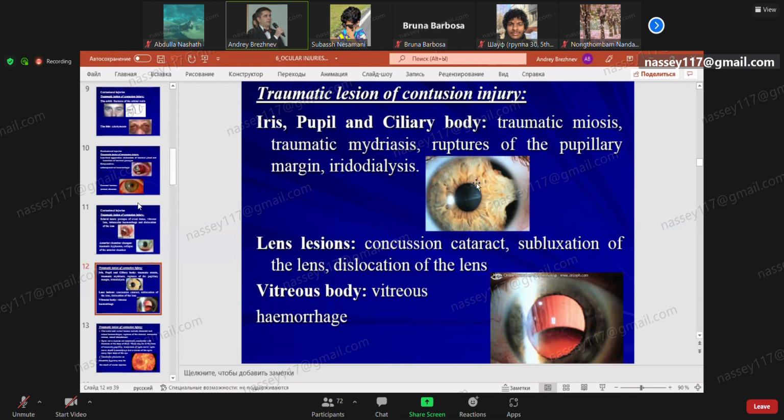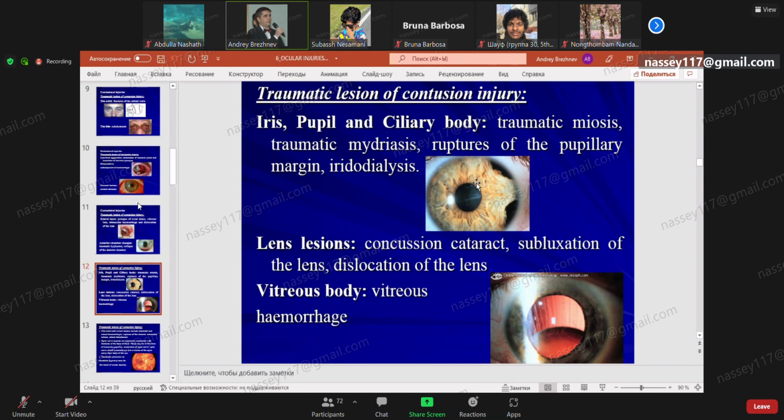We can see sometimes a change of the size and form of the pupil. In case of size, it may be traumatic miosis, when the pupil is very small, less than 2 millimeters, 1 millimeter. On the other hand, sometimes we can see a dilated pupil, the so-called mydriasis. And sometimes you can see a change of the form of the pupil.